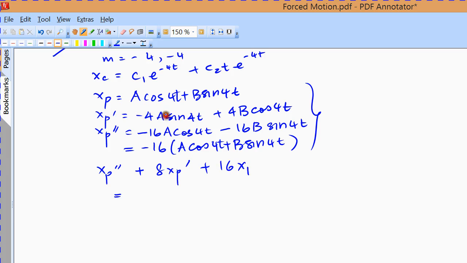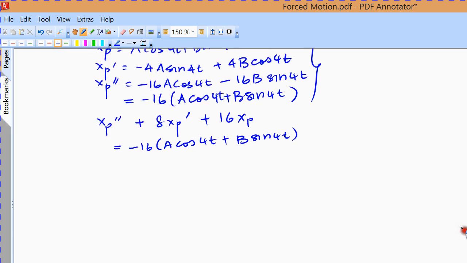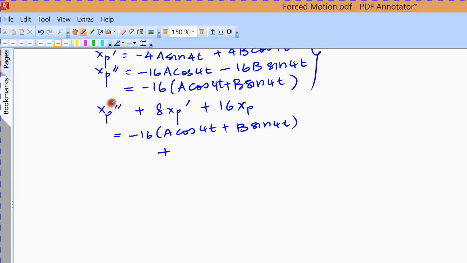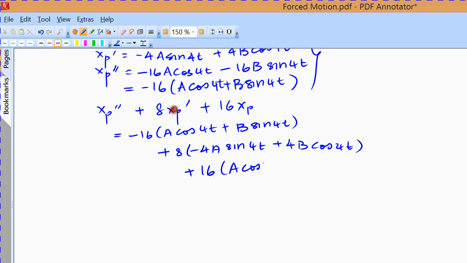and so we get minus 16 (a cos 4t plus b sin 4t) plus 8 multiplied by (minus 4a sin 4t plus 4b cos 4t) plus 16 multiplied by (a cos 4t plus b sin 4t).